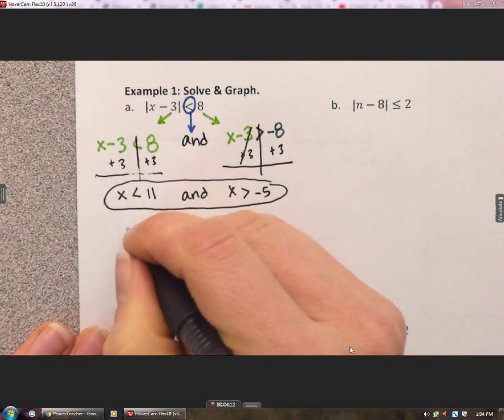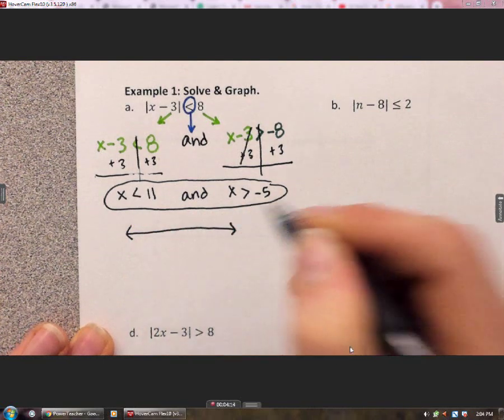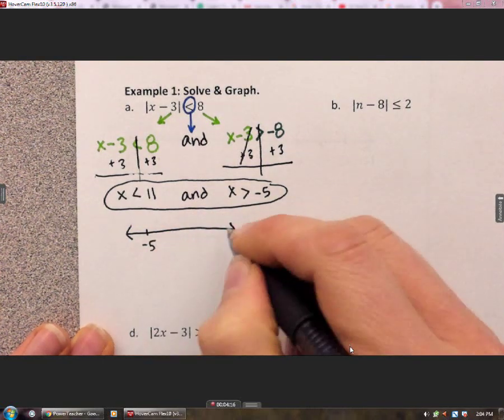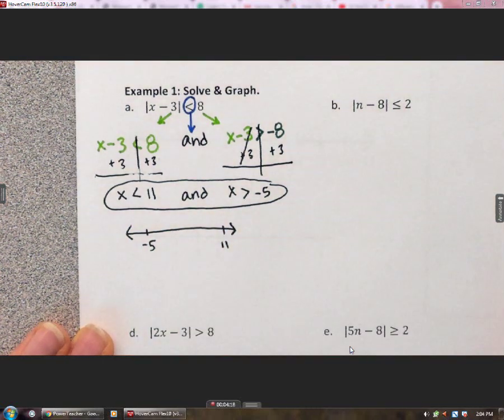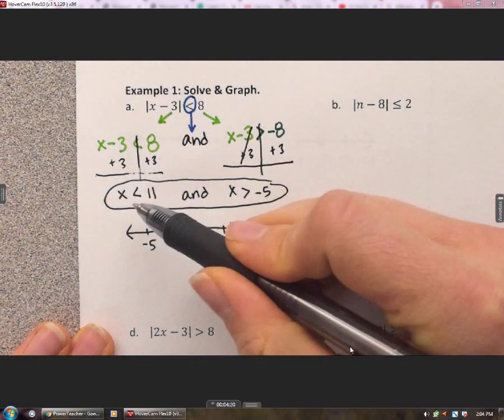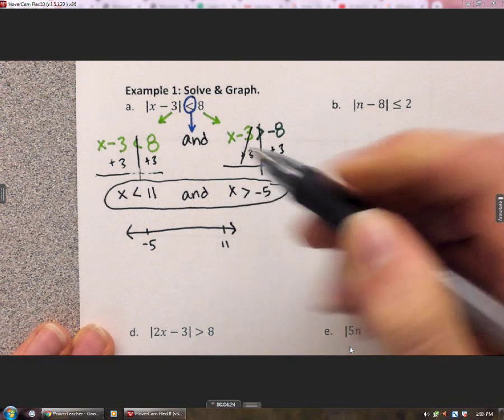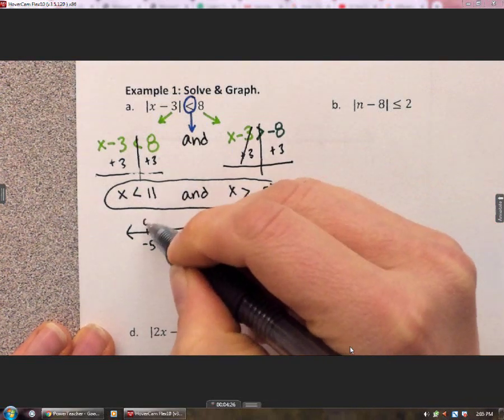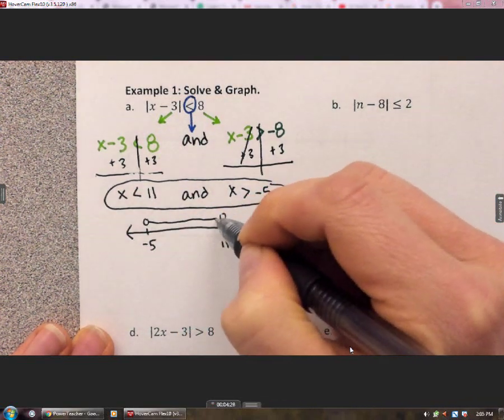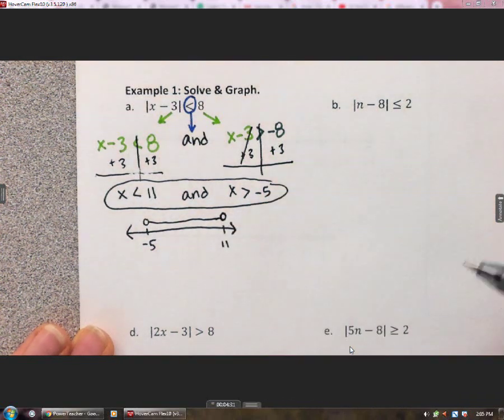There's the answer. We got to graph it. Here's negative 5. Here's 11. We want the numbers that are less than 11 and bigger than negative 5. Does that make sense?